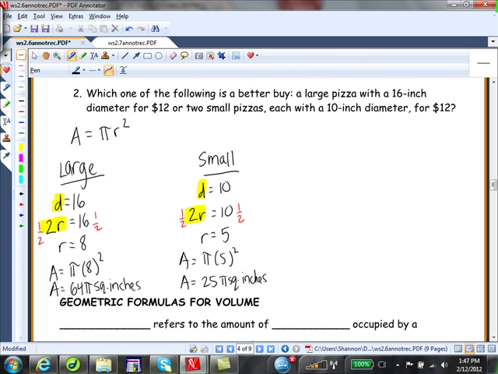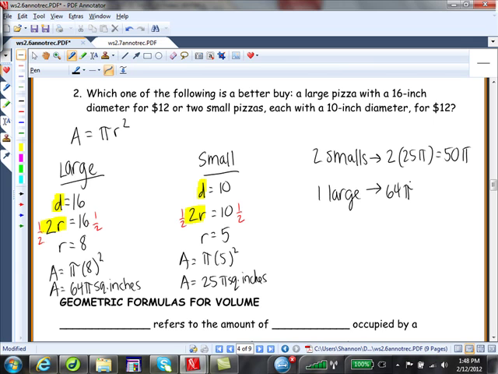But don't we have two of them, right? We have two of them. So two smalls will be 2 times 25 pi, which is 50 pi. One large was 64 pi.